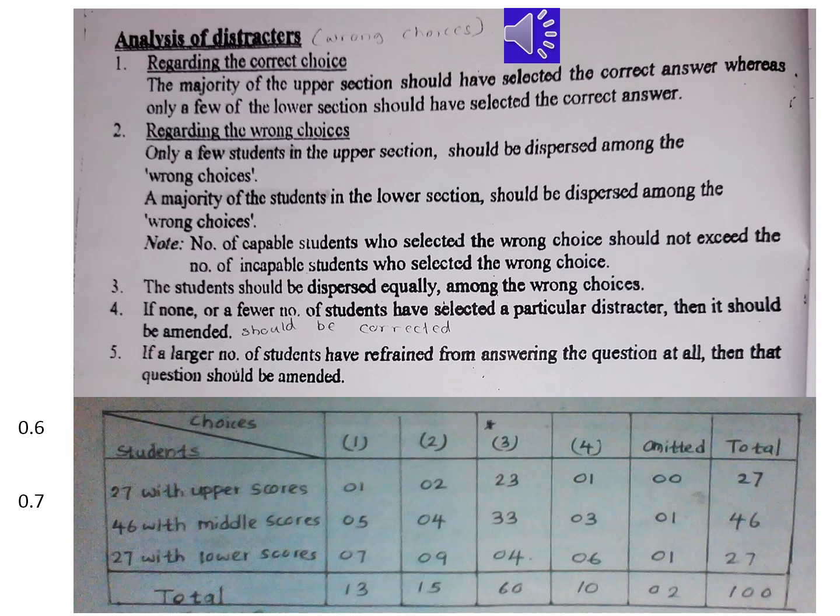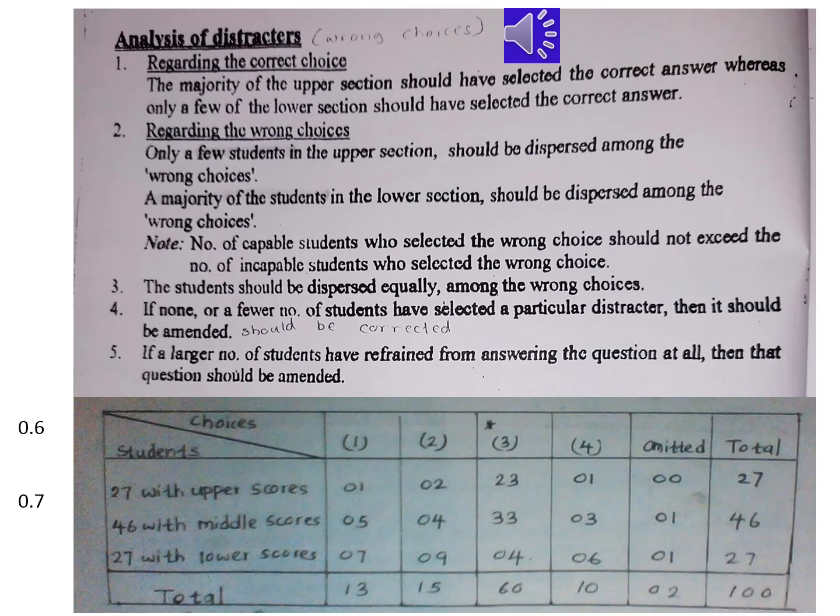Number 4. If none or a fewer number of students have selected a particular distractor, then it should be amended. Has anybody selected it, or has nobody selected a particular distractor? No. 13, 15, 10. So no distractor is odd.